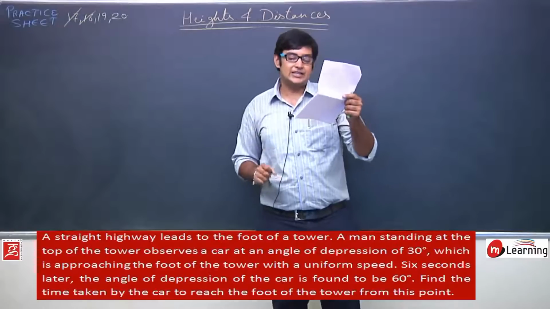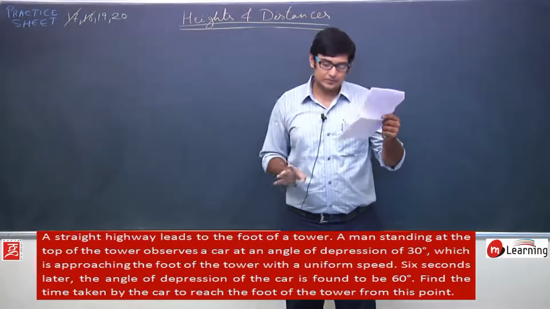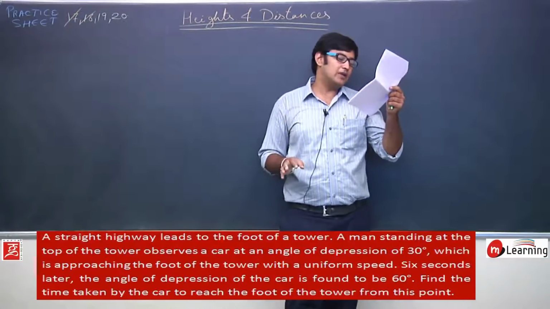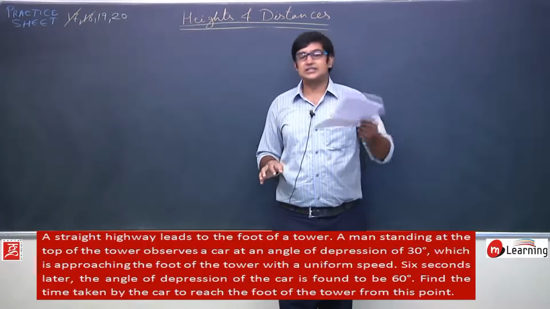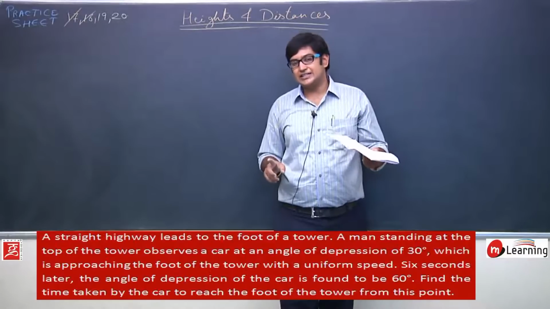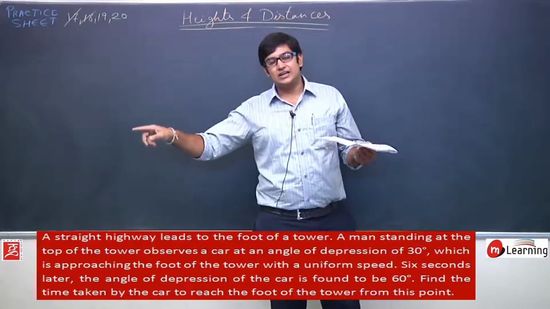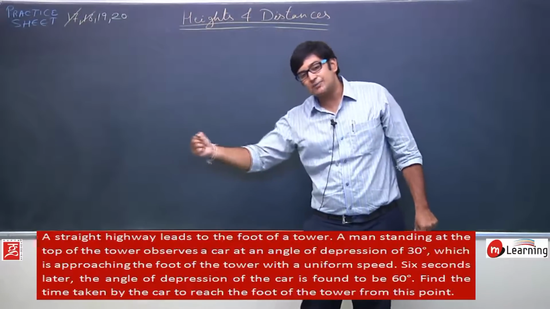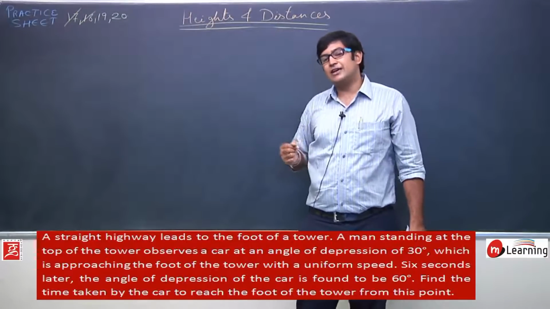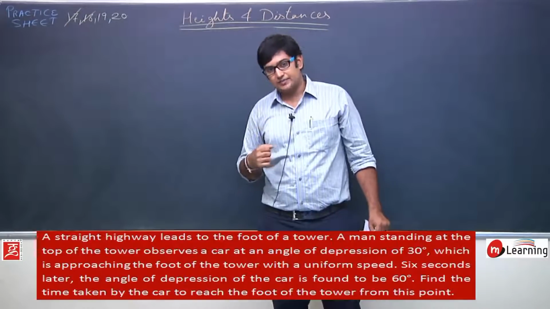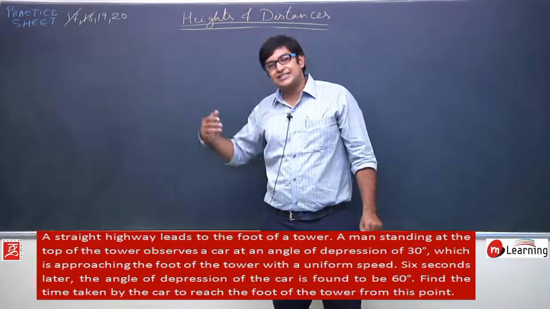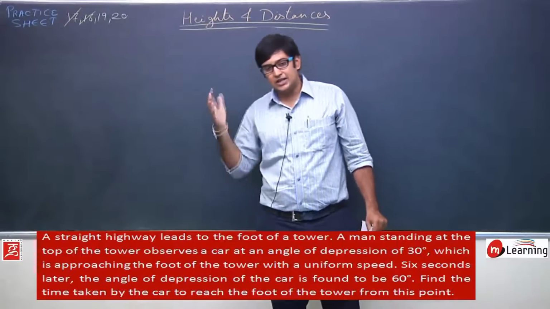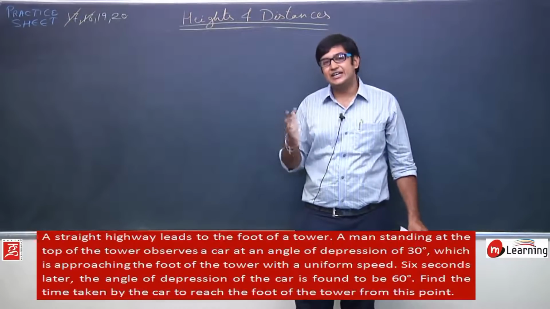So what it says is, 6 seconds later, the angle of depression of the car is found to be 60 degrees. When the man observed the car, the angle of depression was 30 degrees. Now since the car is approaching the tower, the angle of depression should increase. After 6 seconds, the angle of depression becomes 60 degrees.